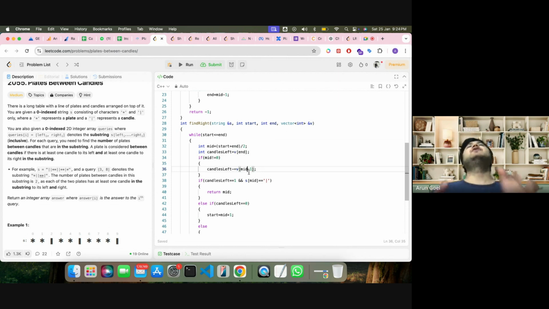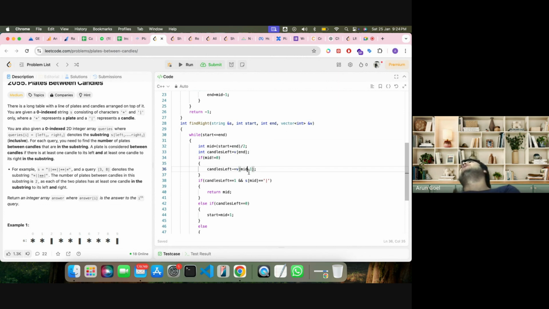Wait, we're trying to find the rightmost part, right? So you're going to check, this is your range, right? So end or mid minus 1, I think. No, mid, right?